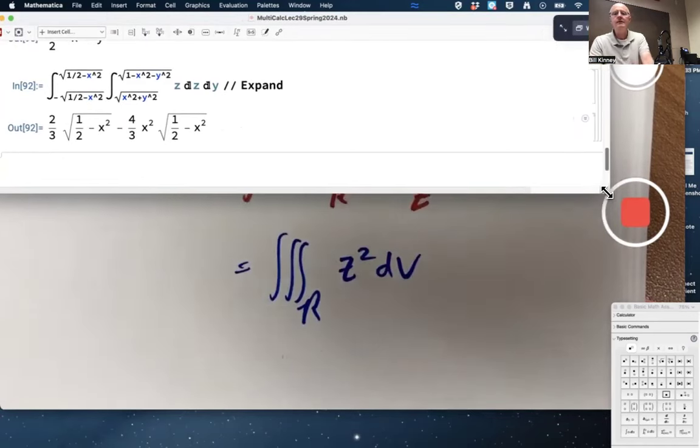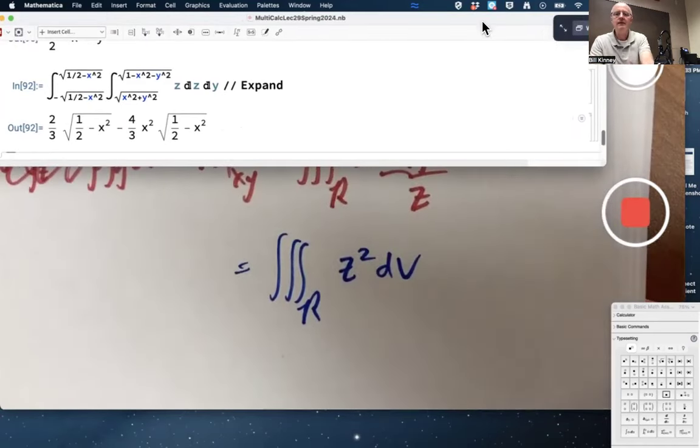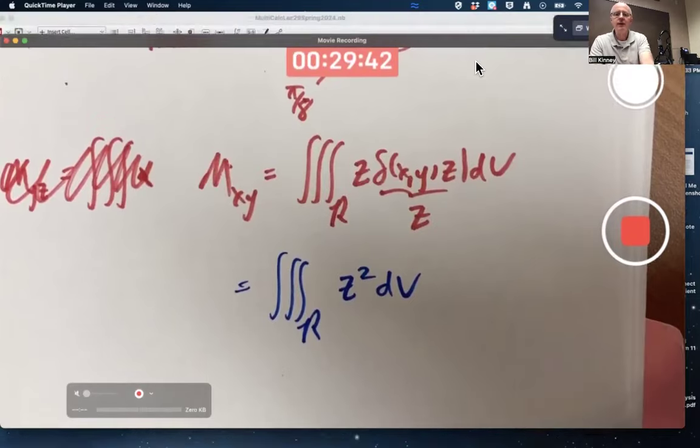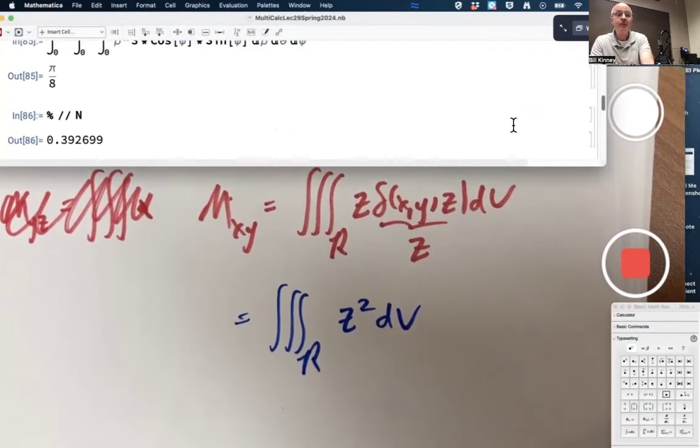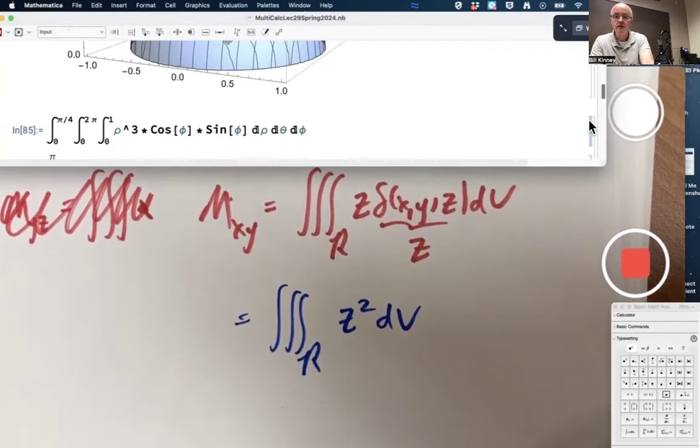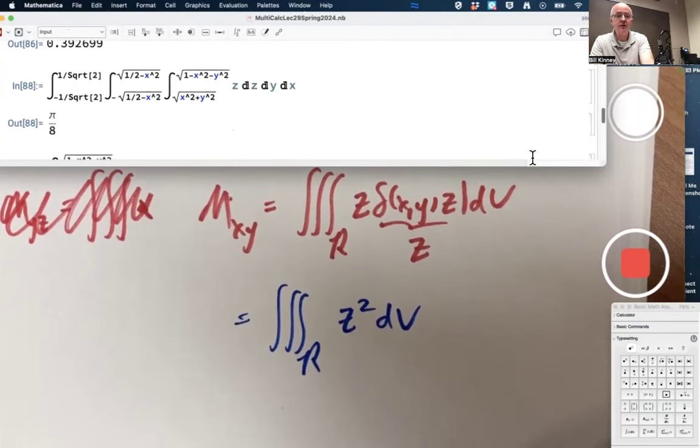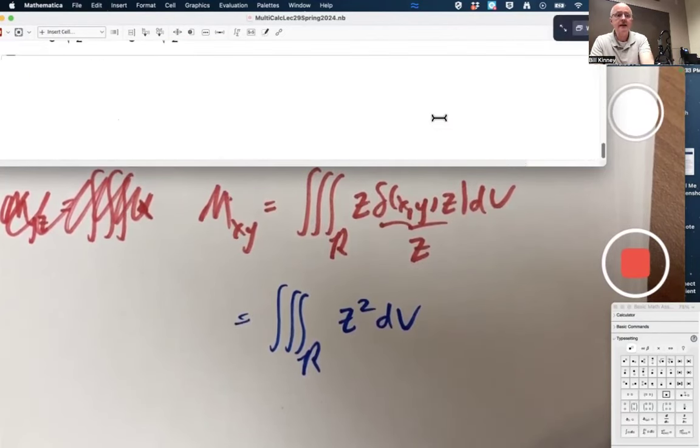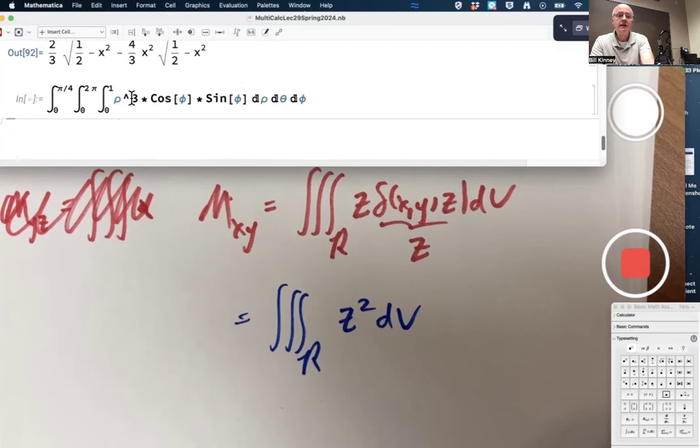Let's think about what would happen in spherical versus rectangular coordinates here. For the moment, we have an extra factor of z. So we would get another factor of rho and another factor of cosine of phi.